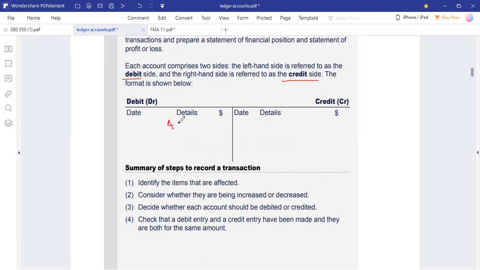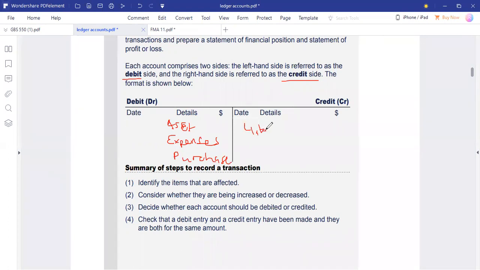The debit side will always increase purchases. The opposite, the credit side will increase liabilities.